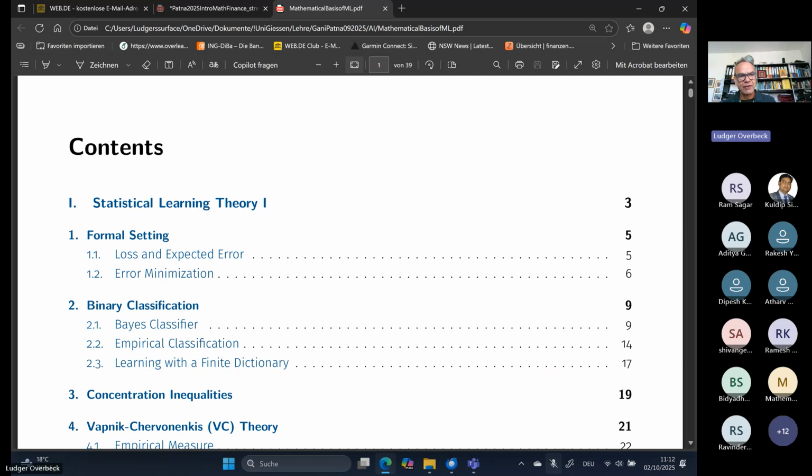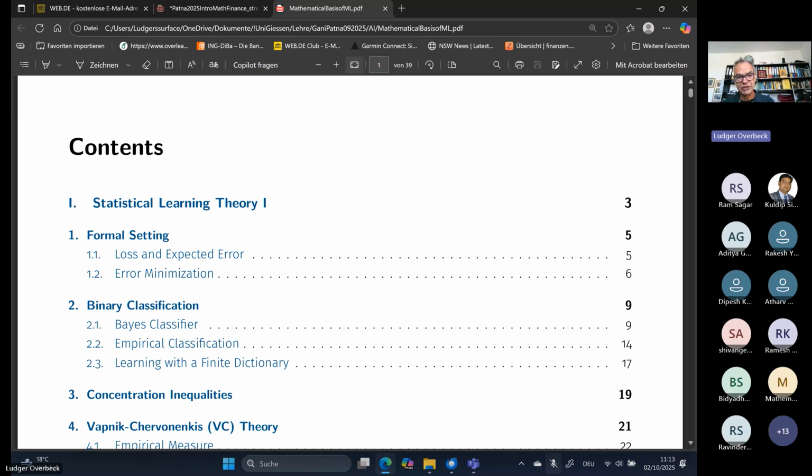So statistical learning theory more or less tells you why this all works. And the typical example: you have loss functions like the expected error, or a typical loss function is also the misclassification error if it's a classification problem. And so all the fitting and the training: first, we have to find an optimal classifier.